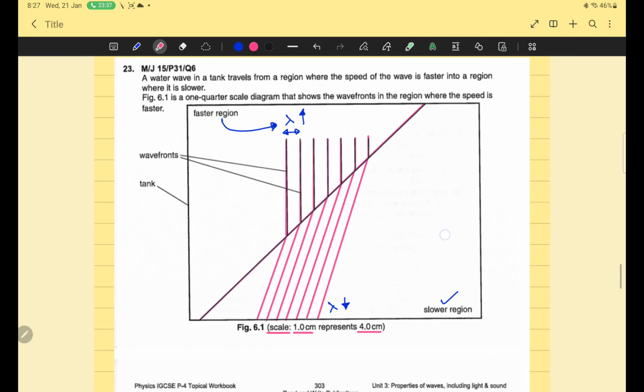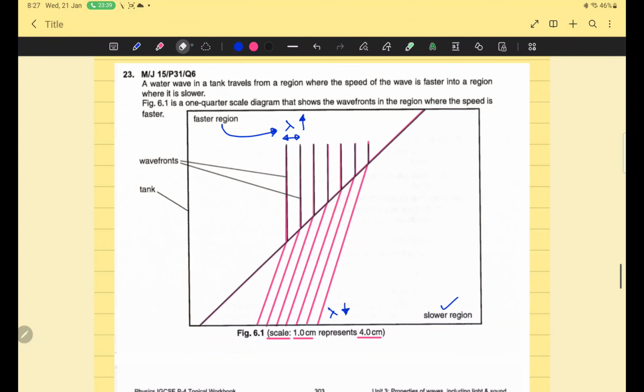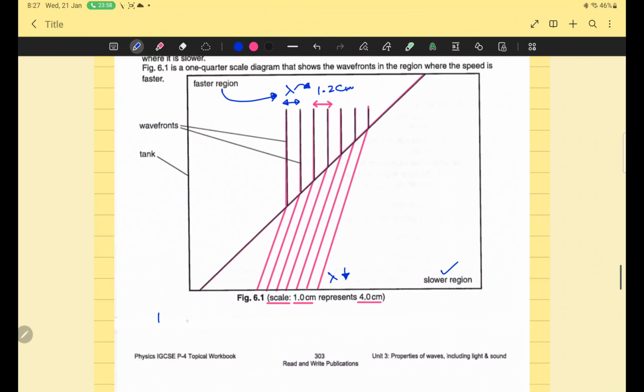So if you measure the distance between two wavefronts, then this measurement is 1.2 centimeter. And if it is 1.2 centimeter, then its wavelength is not 1.2 centimeter. Why? Because 1 centimeter equals 4 centimeter, so obviously the wavelength will be different.